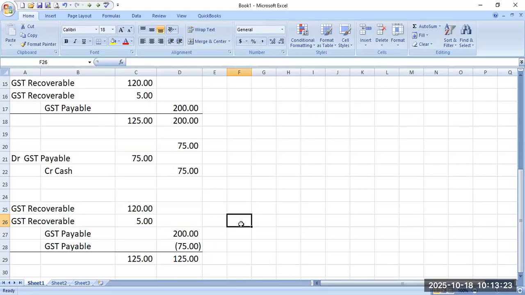If the sales are a relatively small amount, then most likely the company is gonna fall into the annual GST return, or that will be the declaration. And they have to report the GST once a year.